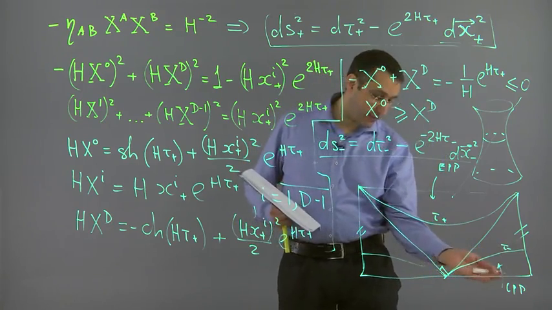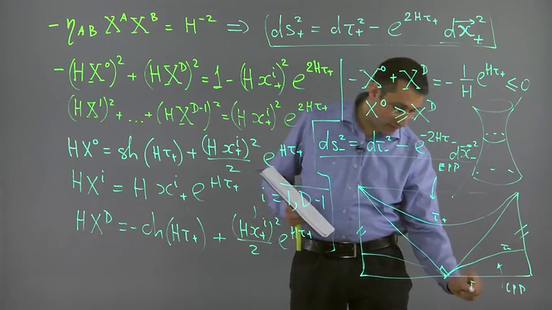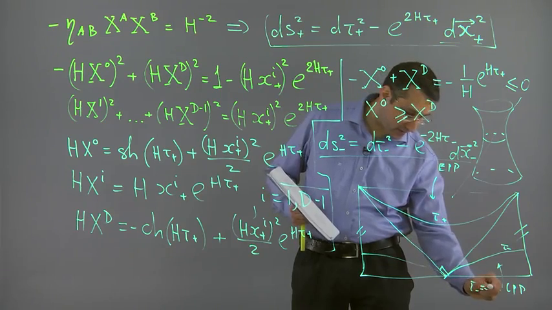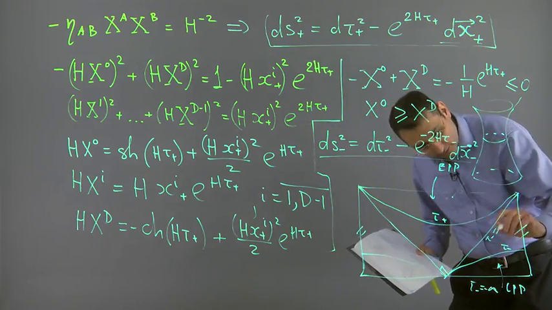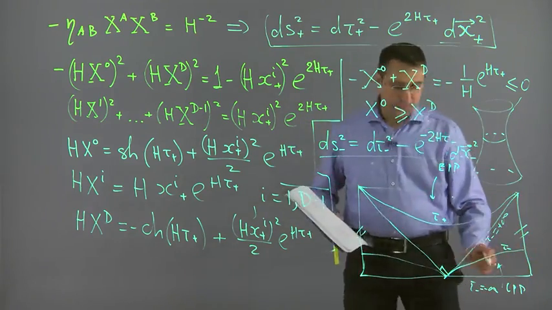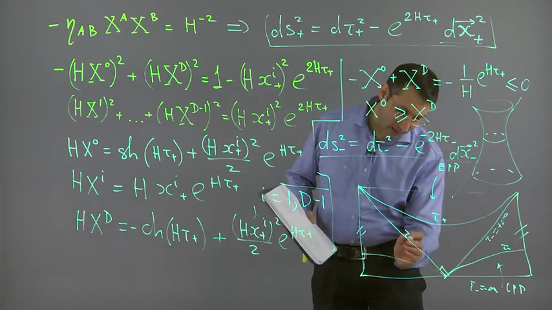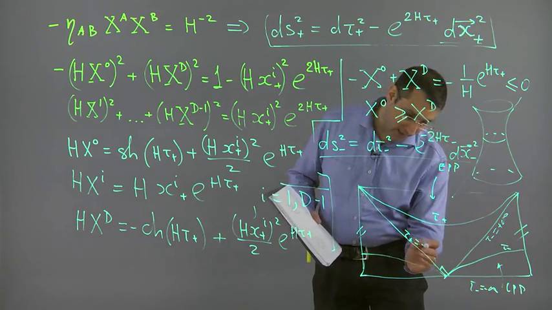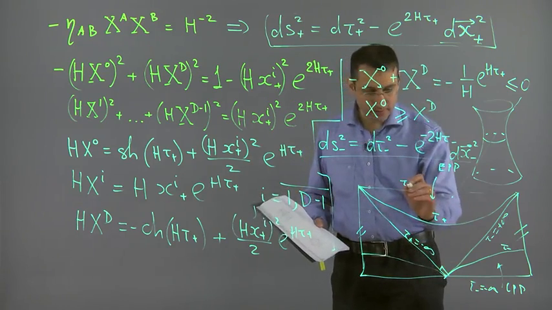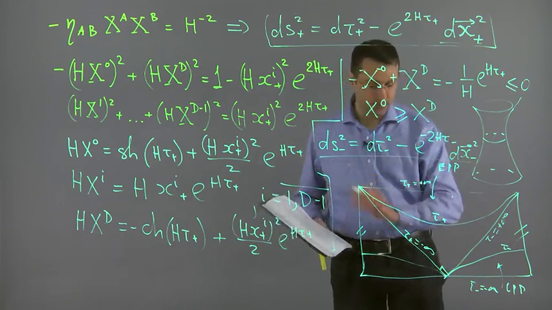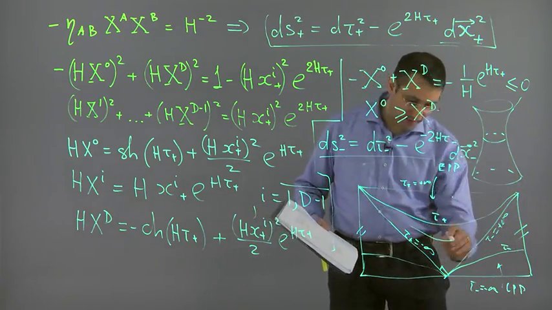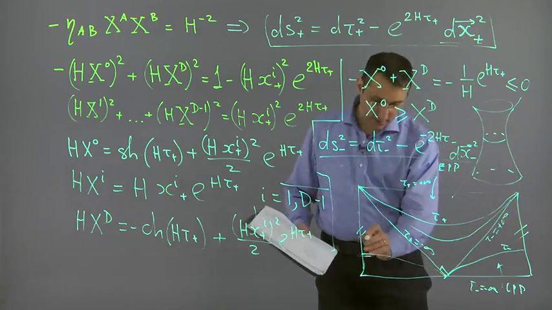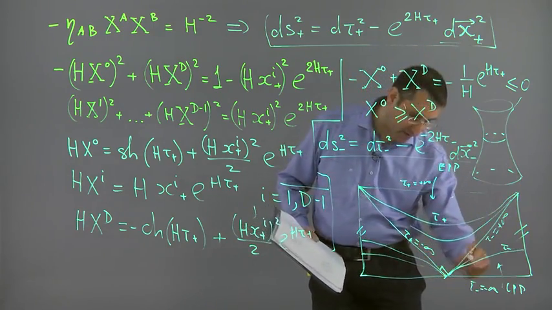And as time goes, this is tau minus equal to minus infinity, and this is tau minus equal to plus infinity, and this is tau plus equal to minus infinity, and this is tau plus equal to plus infinity. So we have the expanding Poincare patch, where spatial sections are expanding, and here is the contracting Poincare patch, where spatial sections are contracting.